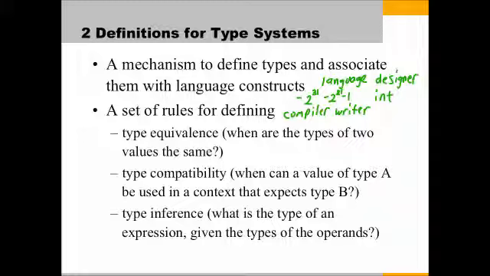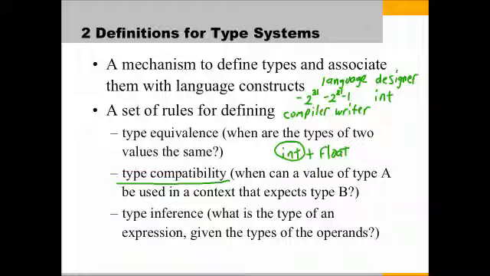The term that's actually more useful typically for the compiler writer is type compatibility. And it says when can a value of type A be used in a context that expects type B? And so if we have an int plus a float, well, this is going to perform floating point arithmetic. So the compiler expects to have a floating point number here, but what it has is an int.